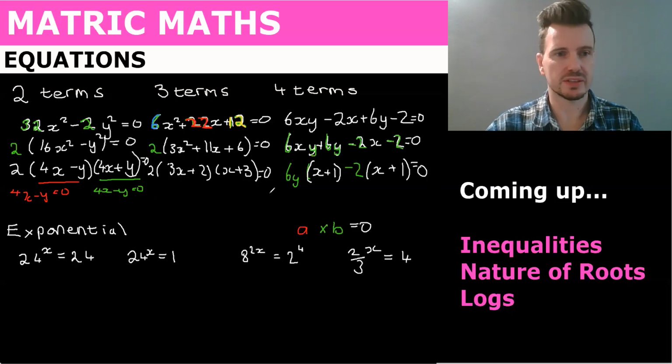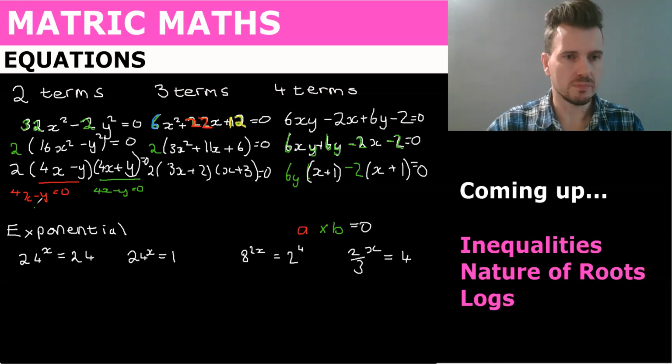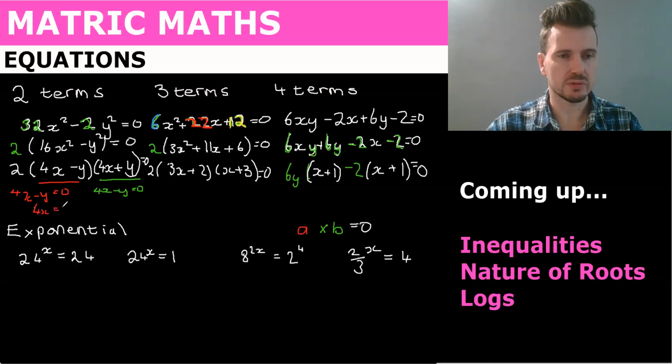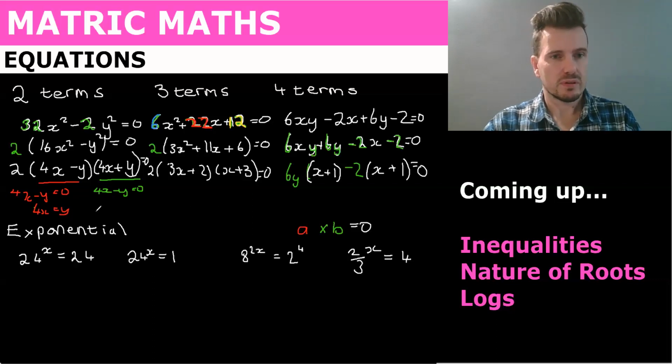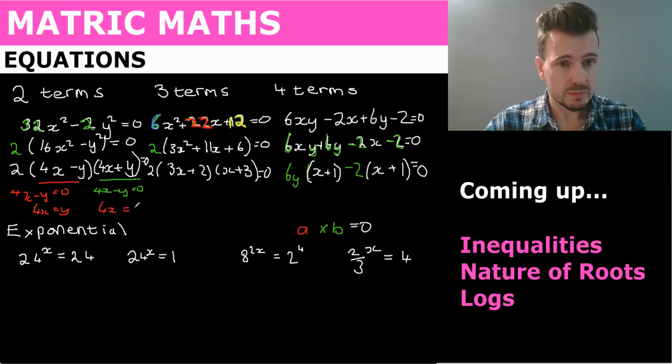And so we get, in this situation, 4x equals y. And then here we get 4x equals minus y.